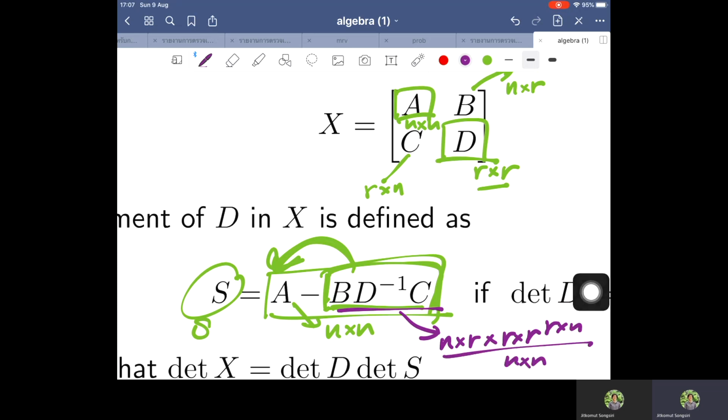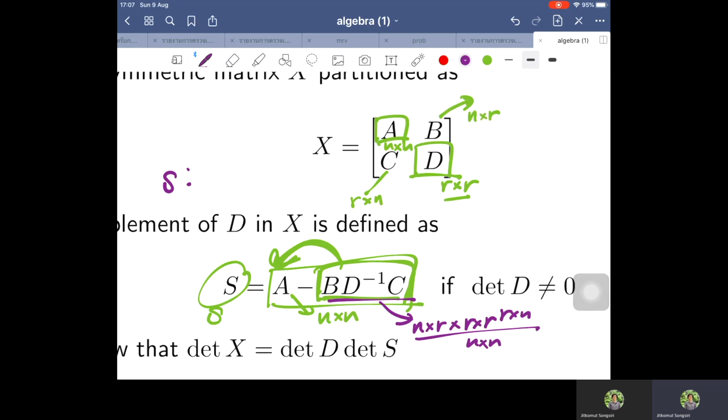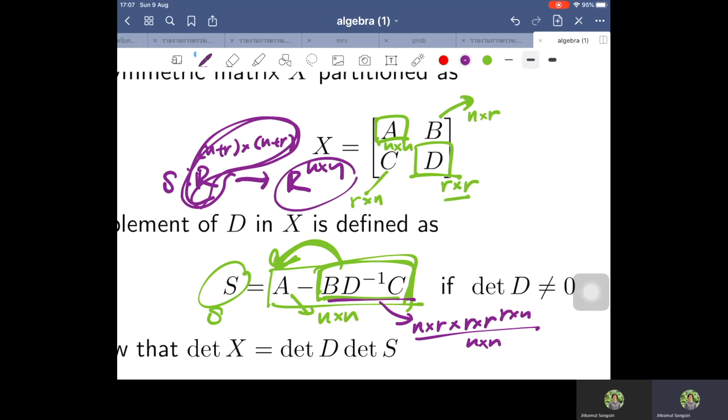So S is actually a mapping from a matrix of size n by r times n by r to a matrix of size n by n. You can look at this as a nonlinear matrix transformation from a matrix of bigger size to a matrix of smaller size.